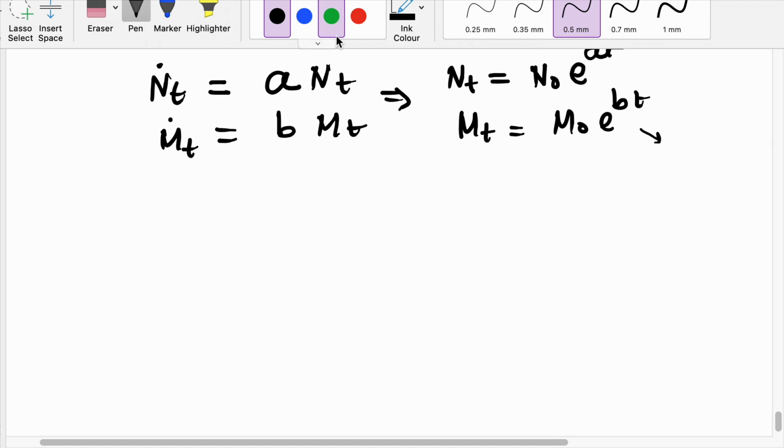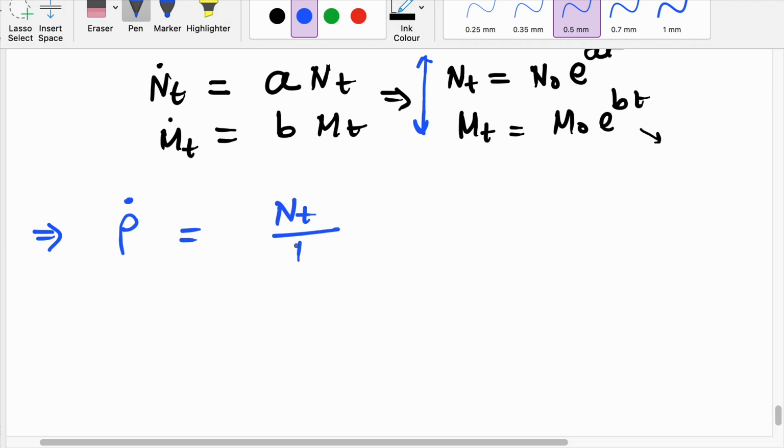Now if I look in terms of frequency, relative abundance, suppose the quantity rho is n(t) by m(t). How is the relative abundance changing?